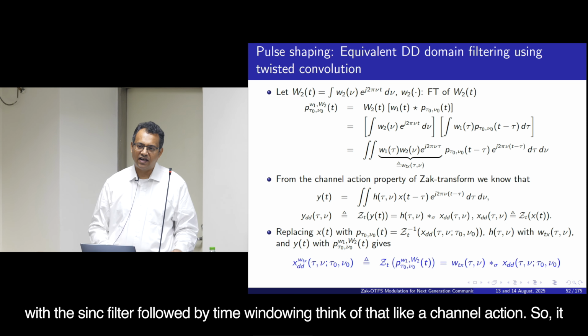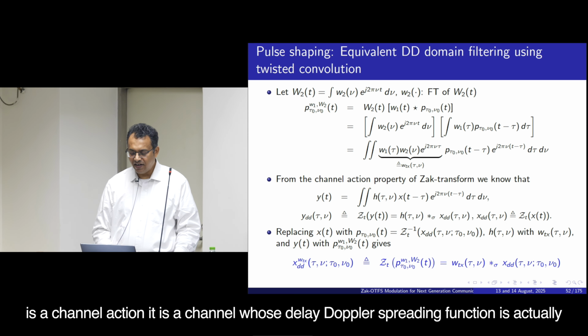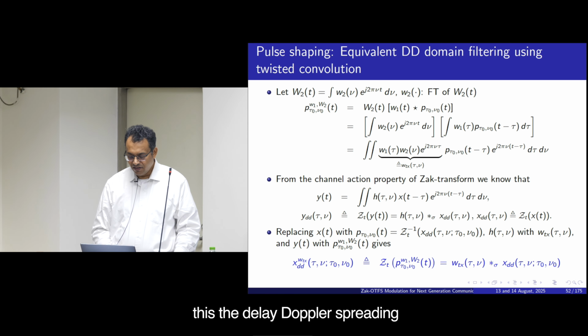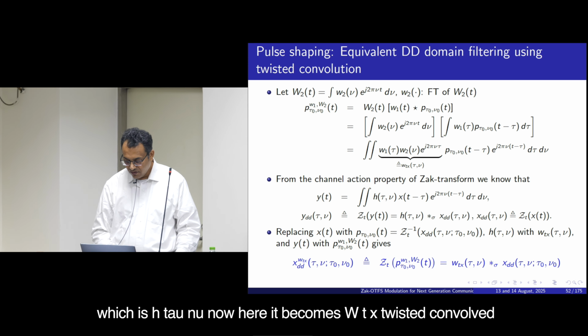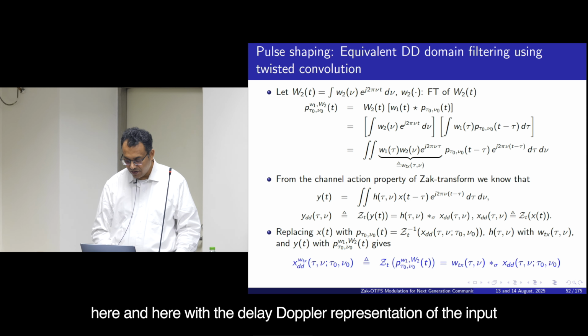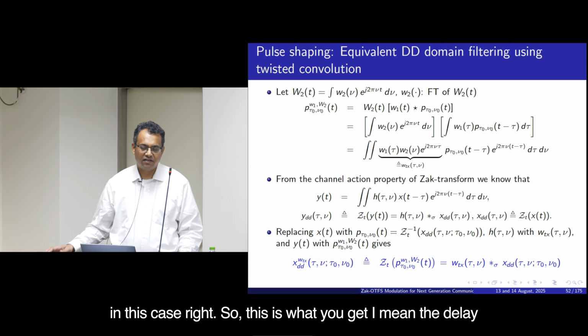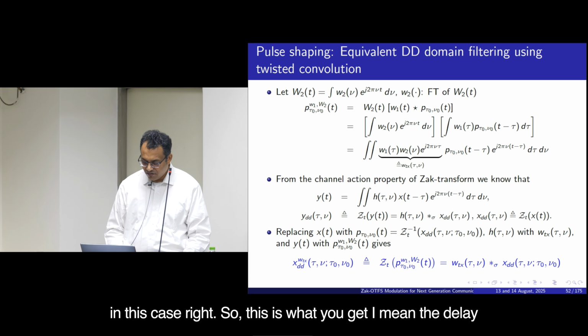It is a channel whose delay Doppler spreading function is actually wtx, and therefore the delay Doppler representation of this is wtx, twisted convolved with the delay Doppler representation of the input, which was your Dirac delta pulson in this case, right. So, this is what you get.